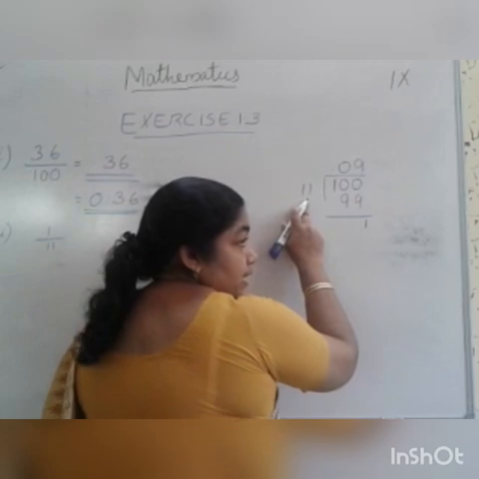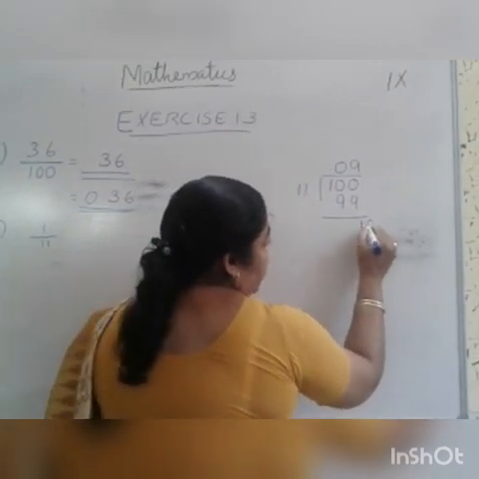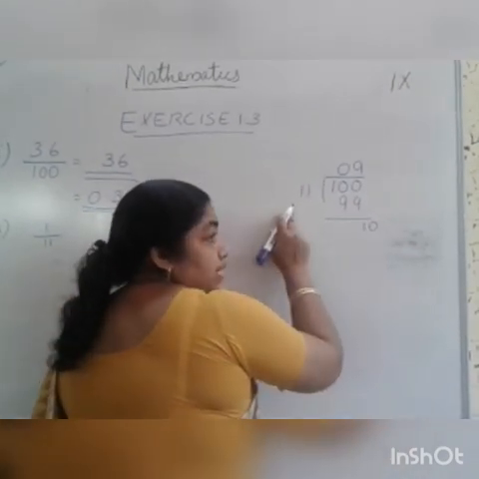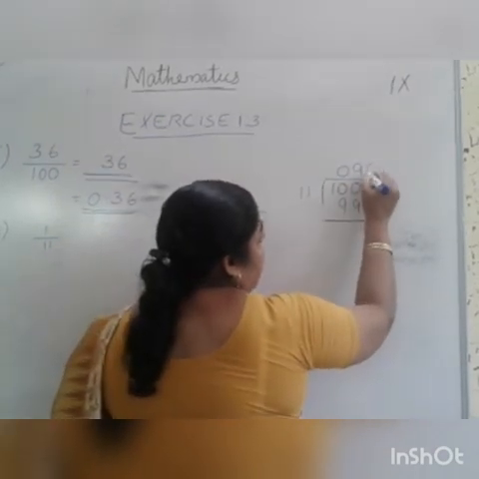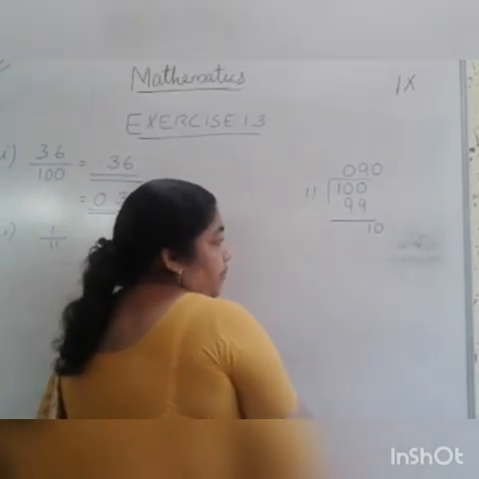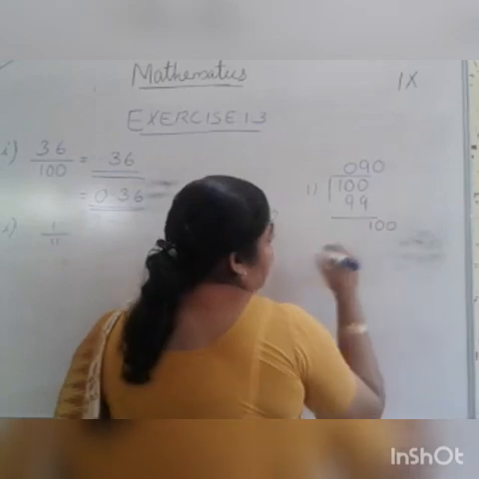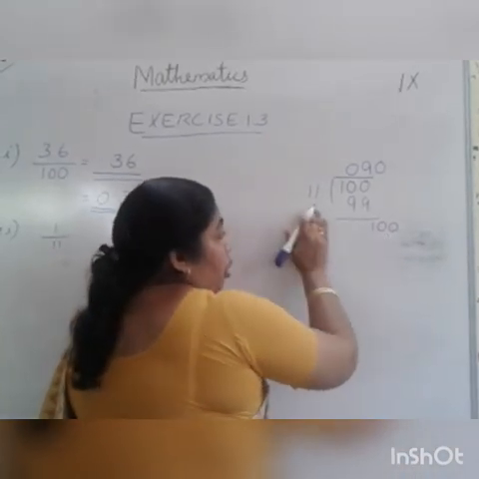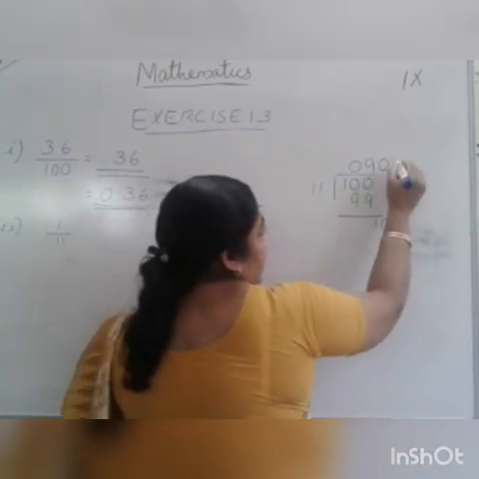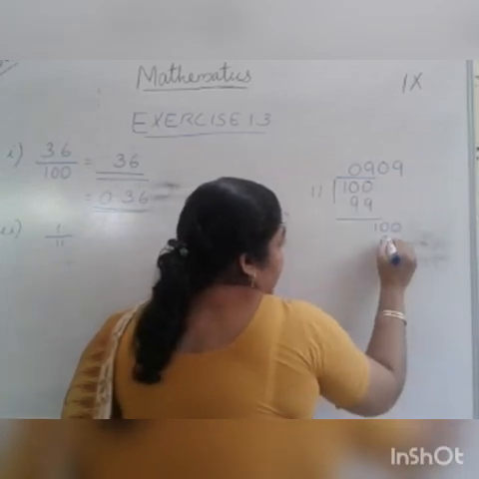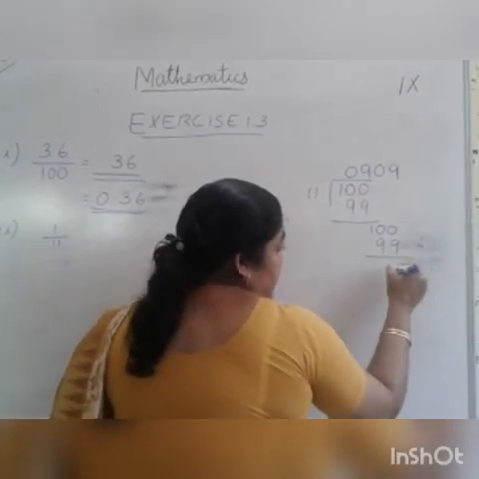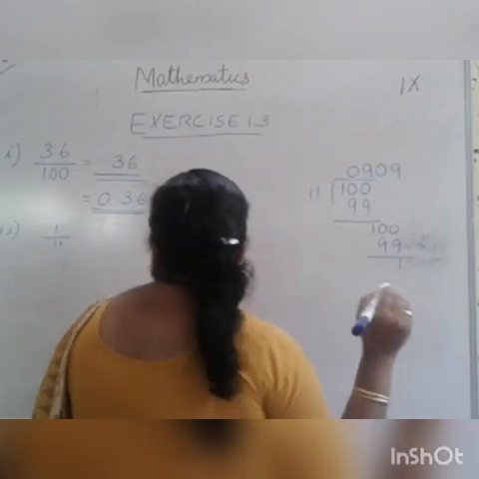Then subtraction, 1. In 1, are 11s there? No. Then we put 0. In 10, are 11s there? No. Then put 0 in the quotient. Then one more 0. In 100, how many 11s are there? 9. 9 11s are 99. This division is repeating like this.